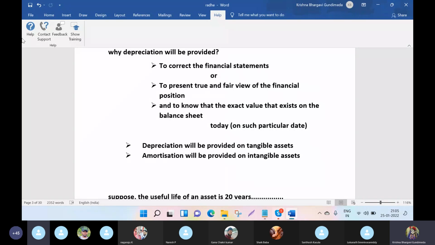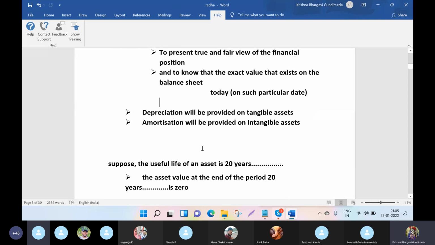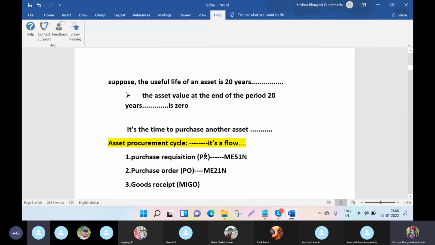First of all, we have to verify which type of asset we need in the business, whether plant and machinery, or the building, or the furniture. First, we have to prepare what type of asset is required, prepare a purchase requisition note, and a requisition is prepared.